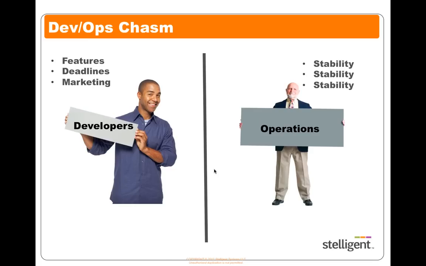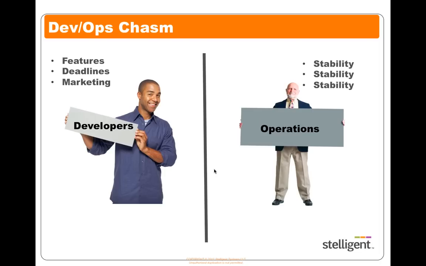On the dev side, usually what the business is asking for is more features. Features, the deadline, marketing. There are different motivations, and the goal there is usually to get software out as quickly as possible.